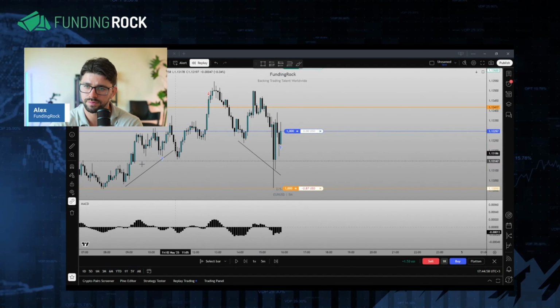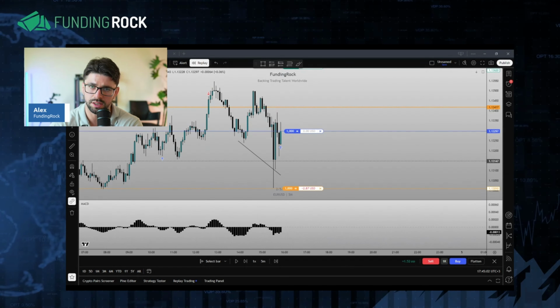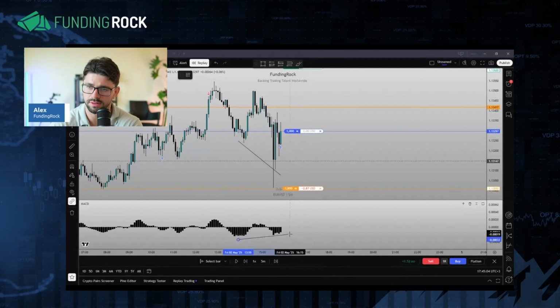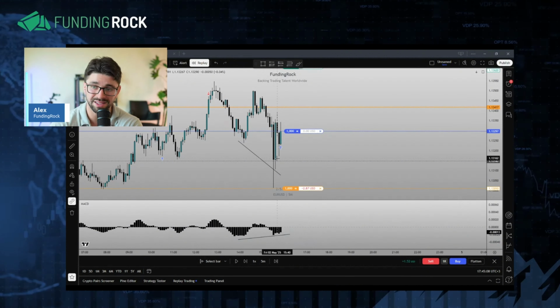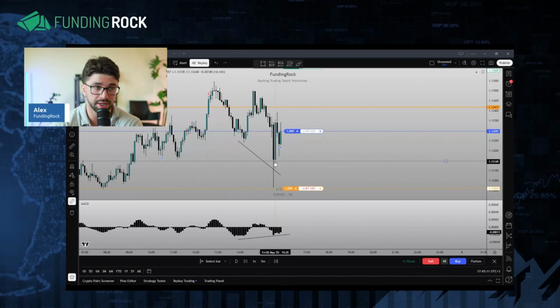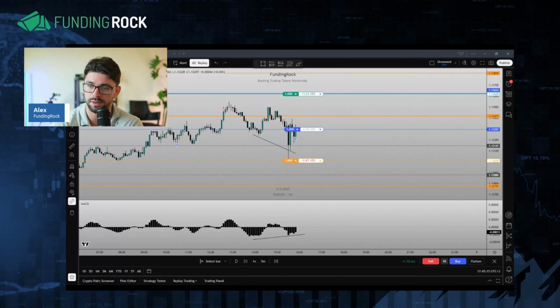Okay. And you see the divergence on the oscillator as well. That's the reason why we've had a push down once, massive wick, twice, couldn't break any lower, push up, retest, continuation trade. That's what I'm looking for right now.